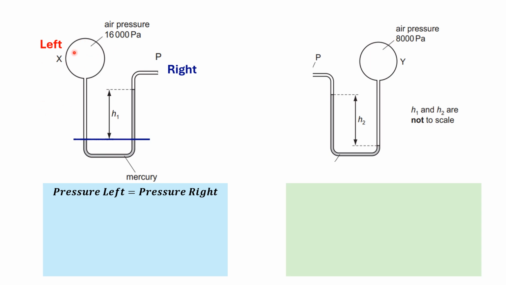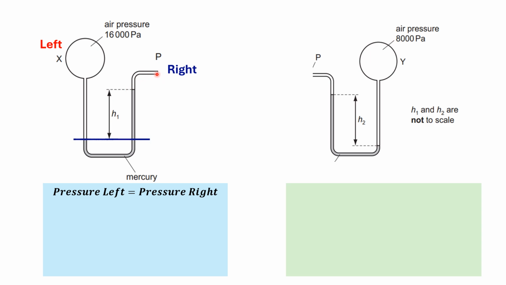Just the pressure in this bulb X, which is air with a value of 16,000 Pascal. And on the right side, above this line, we have this height with mercury, and we have this pressure P.